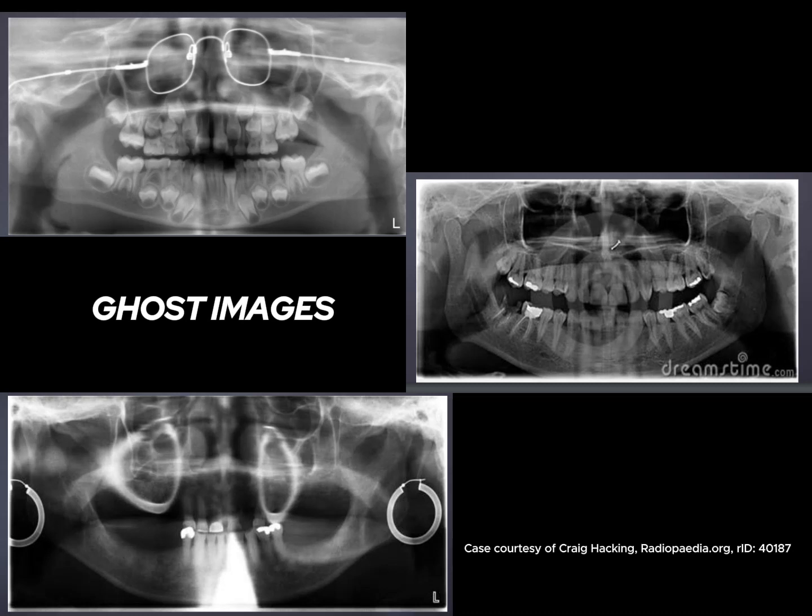A ghost image, which is a radiopaque artifact seen on a panoramic image, is produced when a thick, dense subject is located outside of the focal plane and close to the X-ray source. To avoid a ghost image artifact, the dental radiographer must instruct the patient to remove all dense objects in the head and neck region before positioning the patient for panoramic radiography.